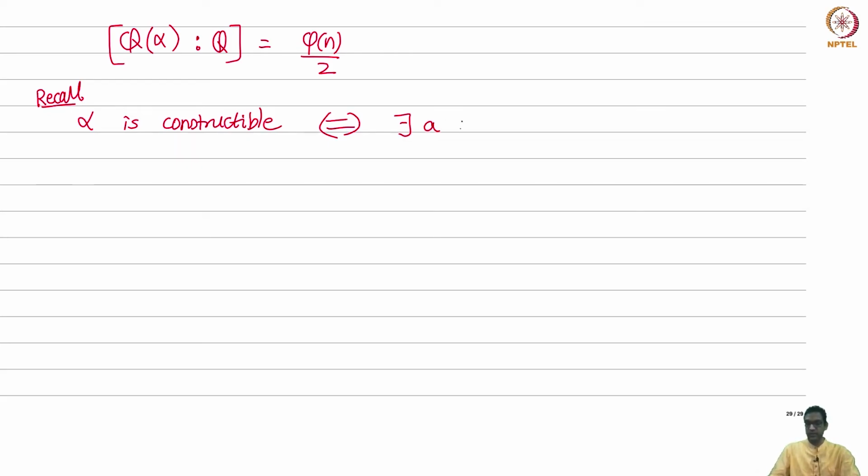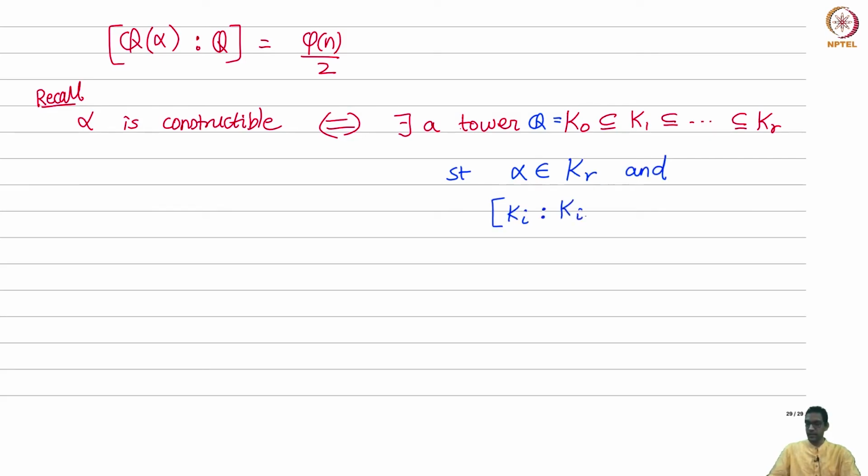So there exists a tower of extensions, let me call this K0 contained in K1 contained in some Kr, such that the bottom of the tower is just Q, and alpha belongs to the last element of the tower, and each extension is of degree 2. Okay, K(i-1) to K(i) is a quadratic extension for all i greater than or equal to 1. So you can get it inside a tower of successive quadratic extensions.